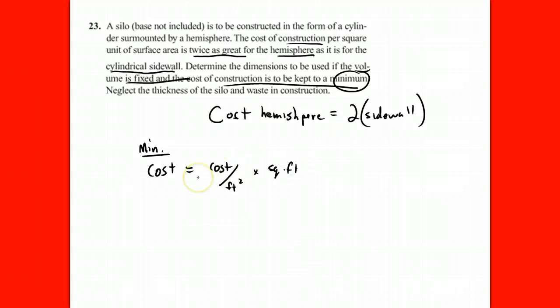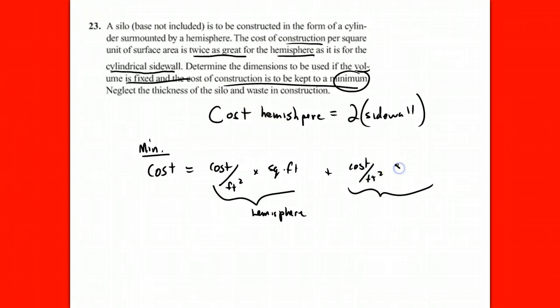There are different parts: the part for the hemisphere, and also the part for the sidewall. So you can't just take the cost part, you also have to involve the area. Cost per square foot times square feet. Sorry if I switch my units. They don't even give you any units, so we're just assuming square feet, that's fine. That would give you cost. You want to minimize cost.